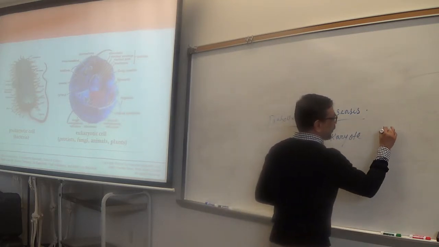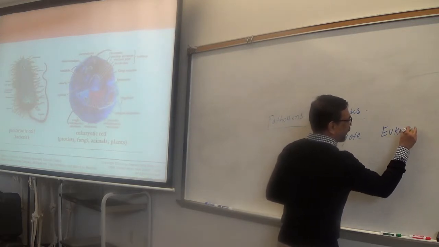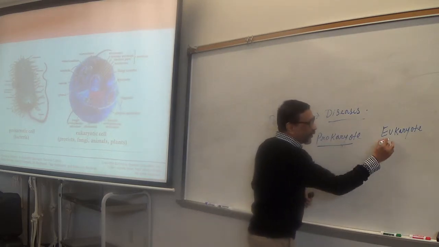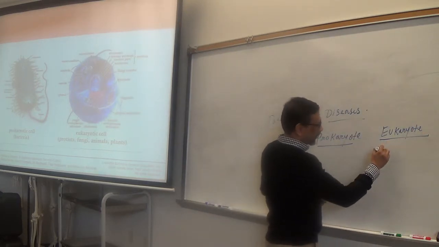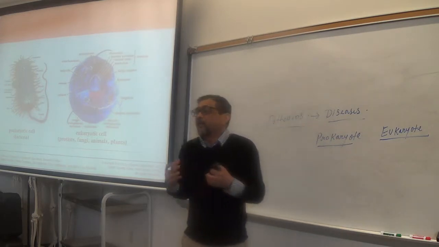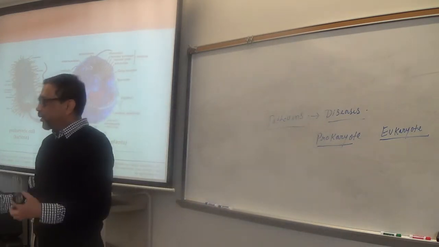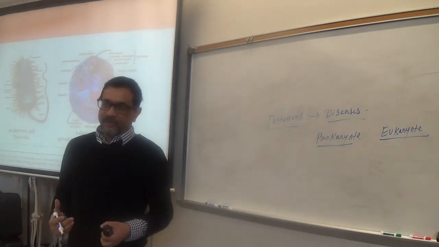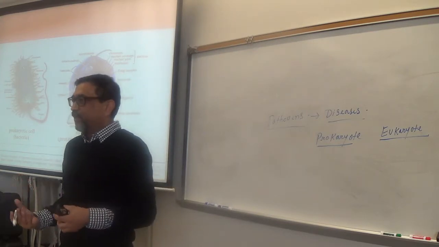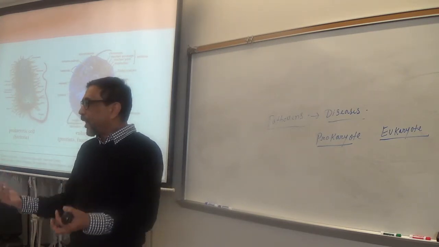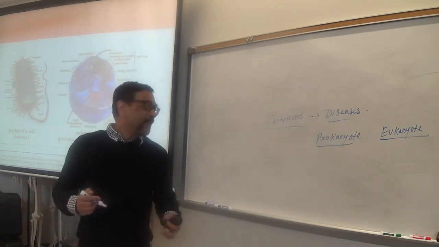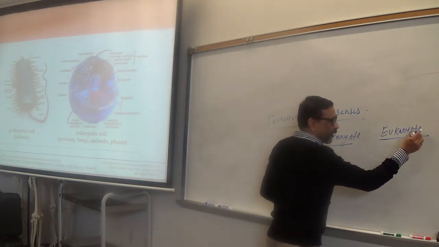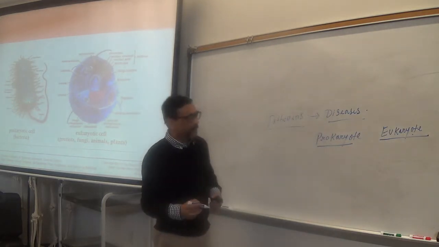So eukaryotes are the cells present in the body of animals, plants, and humans, like multicellular organisms, right? Our body is multicellular, animal body multicellular, plants body multicellular. So eukaryotes are the cells in multicellular organisms.